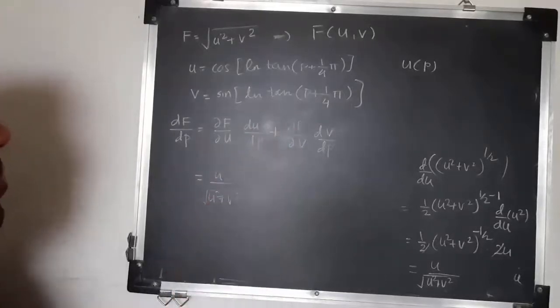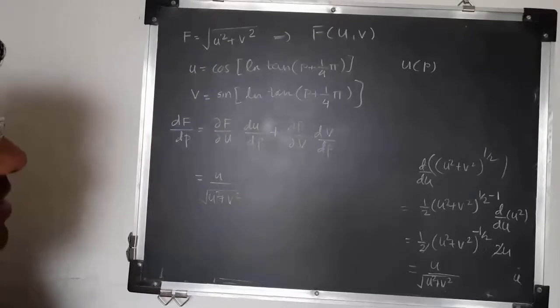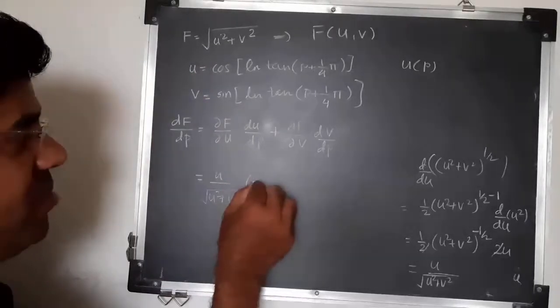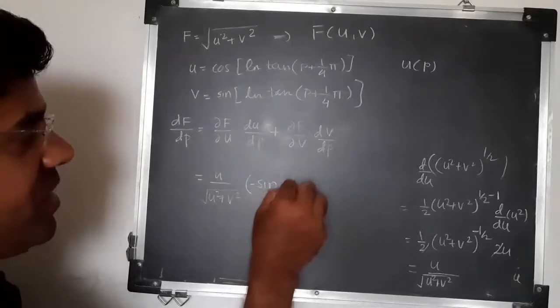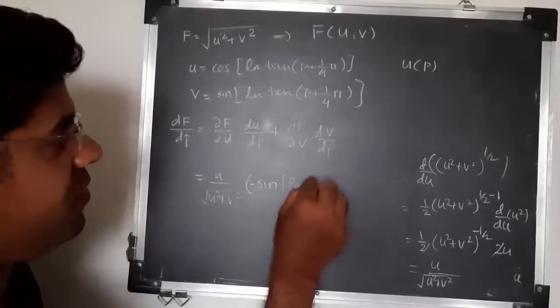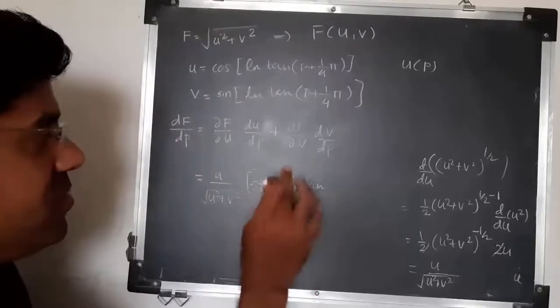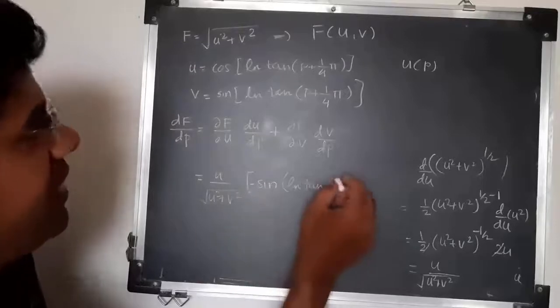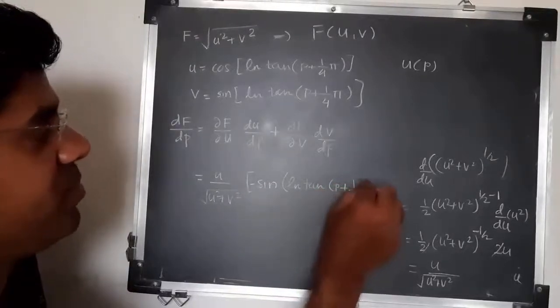So ∂f/∂u is u divided by the square root of u square plus v square, times ∂u/∂p. The derivative of cos is minus sin, so minus sin of ln tan of (p plus 1/4 π).